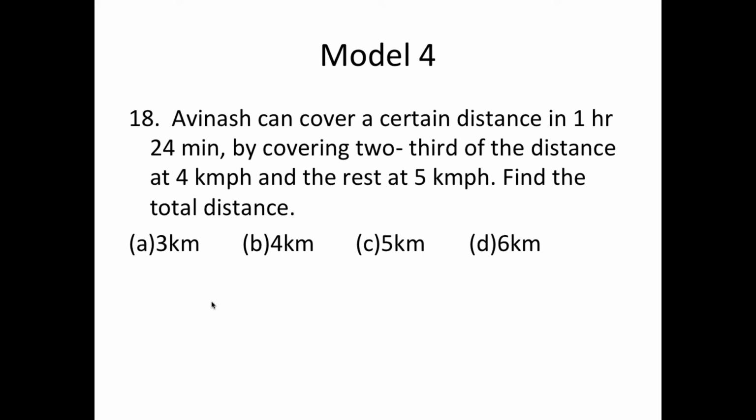Option D, 6 kilometers. Fine. Andhra College is saying 6 kilometers. BITW is saying 6 kilometers. See, for this kind of questions, I always suggest you go with a simple plugin.